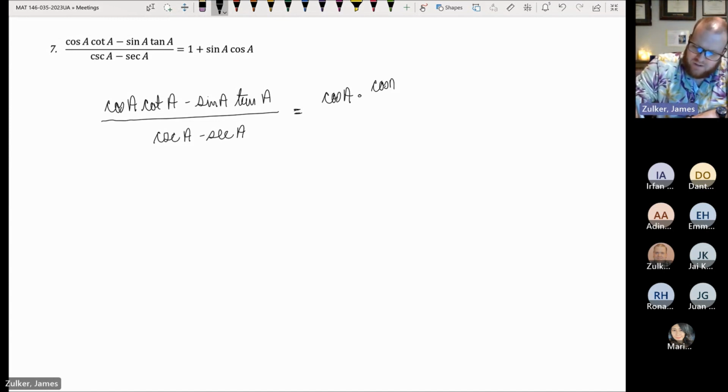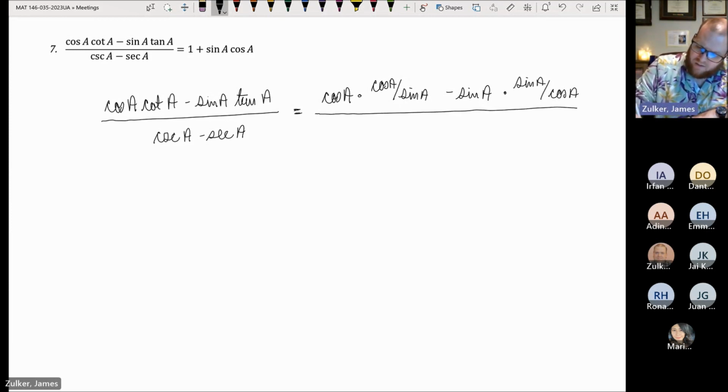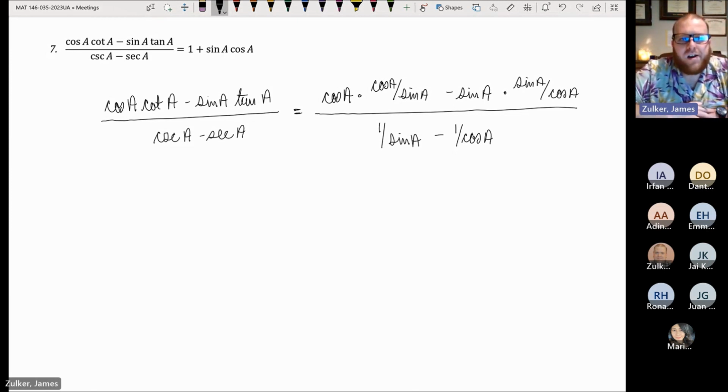Cotangent is cosine over sine, right? Minus. Tangent is sine over cosine. Then cosecant is 1 over sine, and secant is 1 over cosine. Now let's simplify.